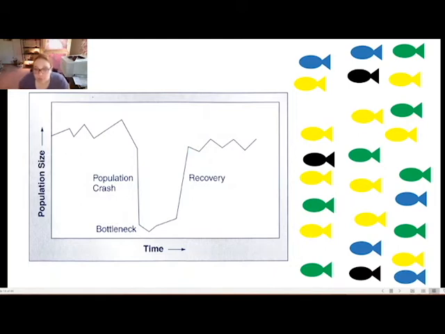We're back up to 25 fish, so we have our recovery in population size, but we don't have a recovery in our genetic variation. So now we have, instead of 20% of each color, we have 40% yellow, 20% blue, 28% green, 12% black, and 0% red. So we've completely lost an entire type of fish.